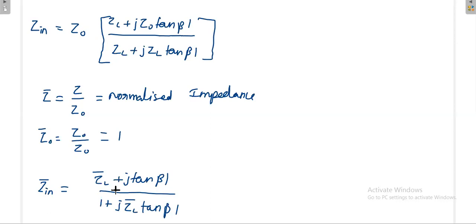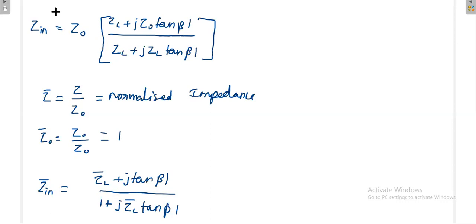Now what happens when you have an open circuit or short circuit line? Now you analyze the properties of open circuit and short circuit lines.